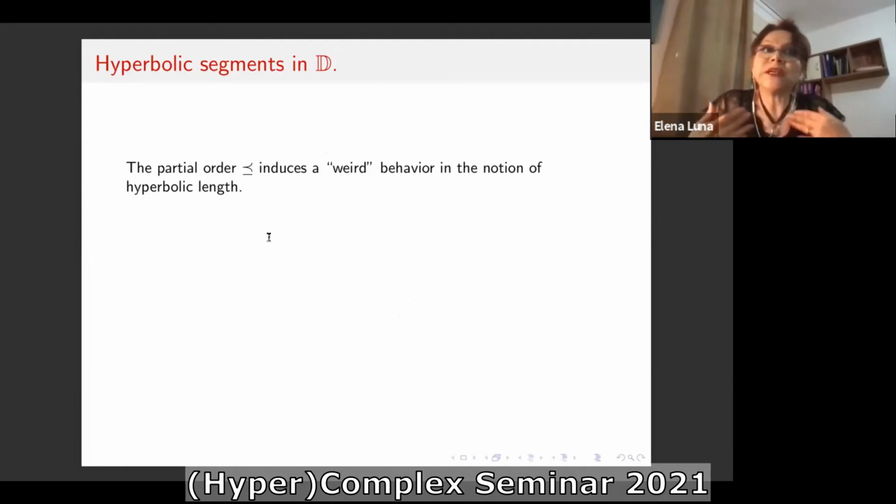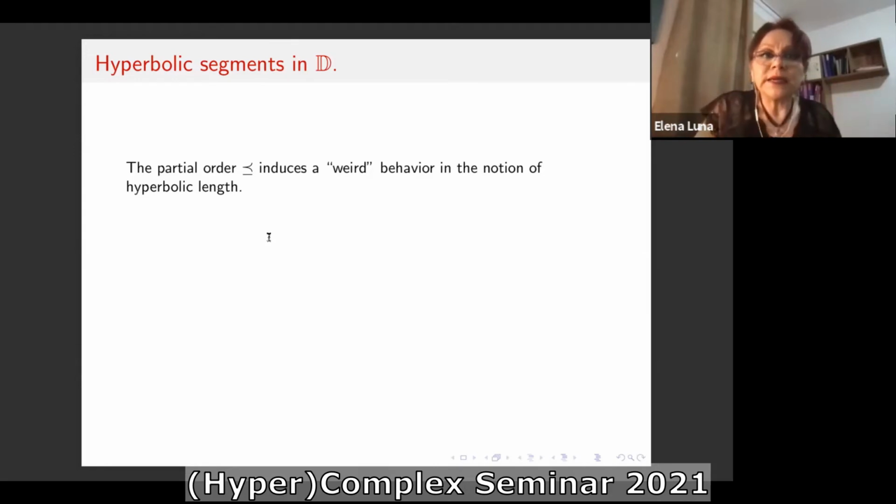For instance, when we teach calculus students the Riemann integral, they know that the integral of the constant function one on an interval AB will coincide precisely with the length of the interval. So the integrals that I am looking for are those that behave properly well with the notion of length of a hyperbolic interval.